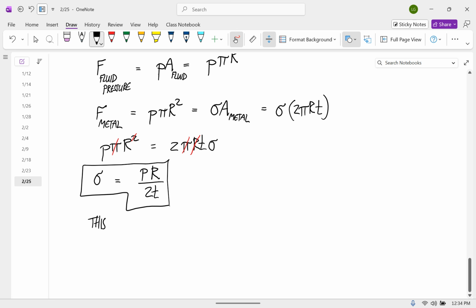So this is a normal stress that's parallel to, or I should say tangent to, the surface of the sphere.